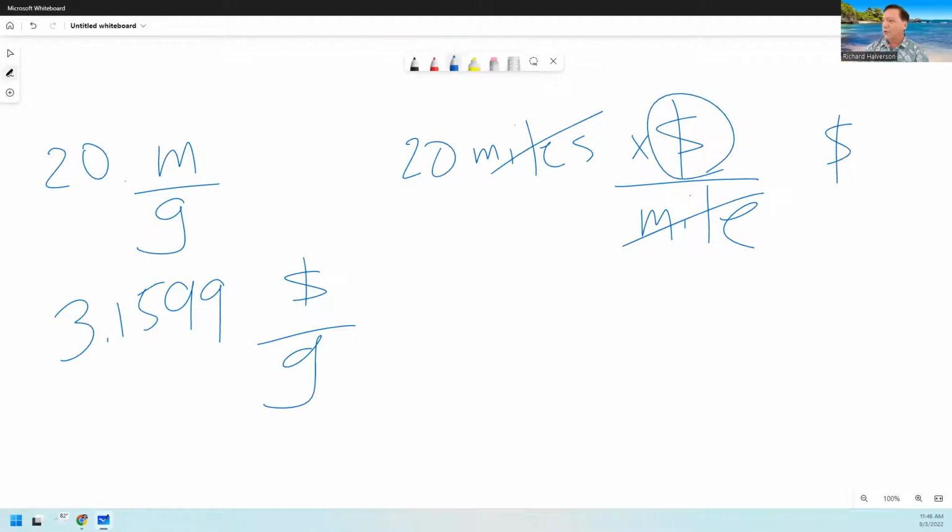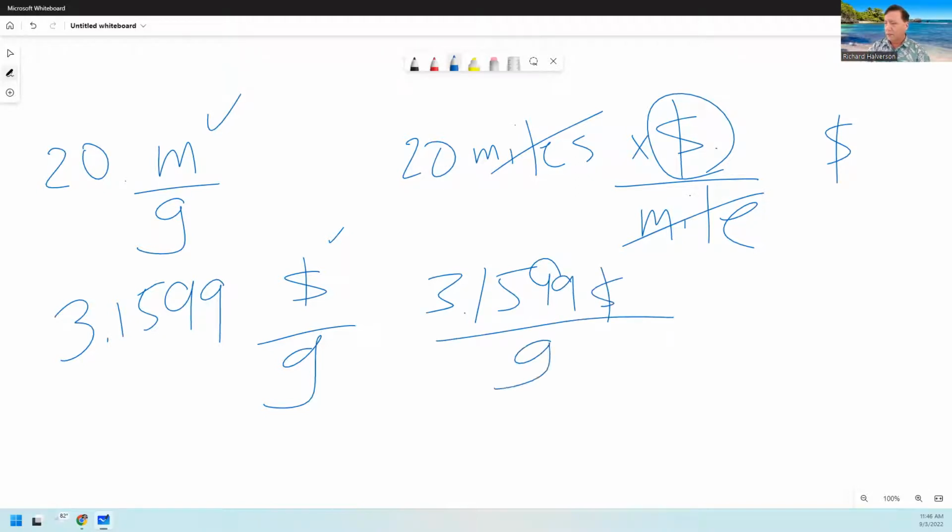So how do we get dollars per mile out of these? Well, the top one has to be dollars, so we put the 3.15 dollars per gallon on top. And we want to multiply it by something in gallons per mile, so that the gallons cancel and we end up with dollars per mile.